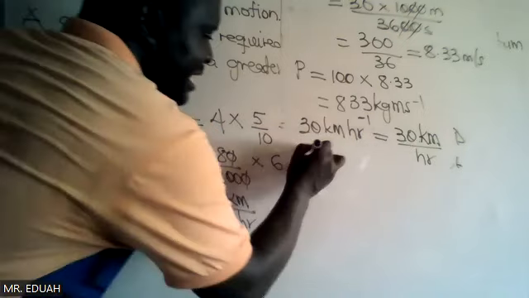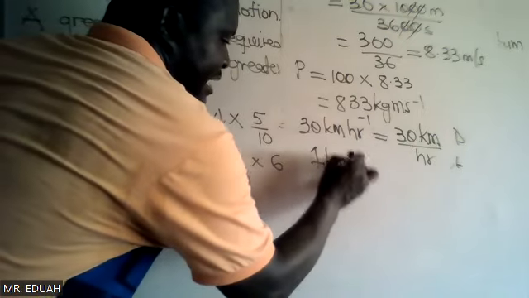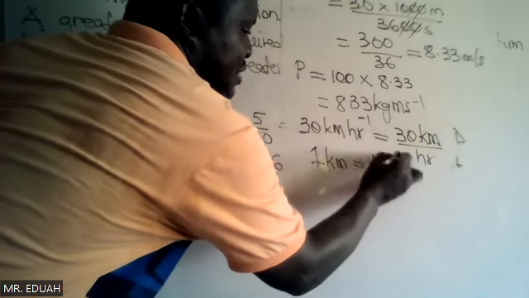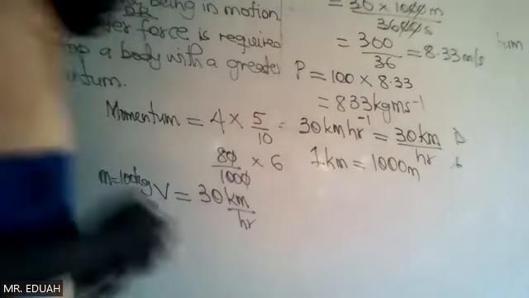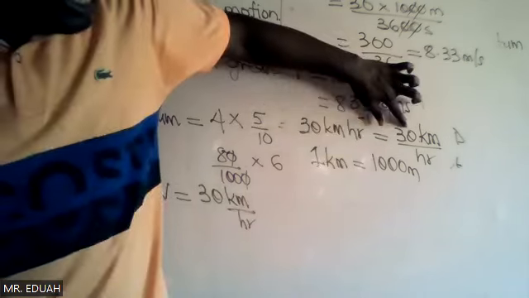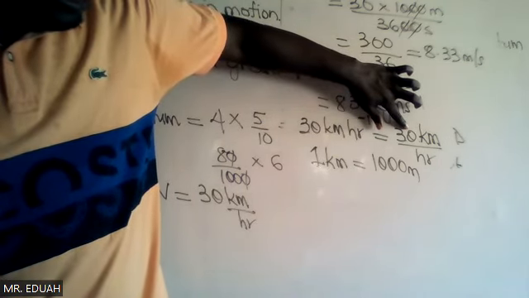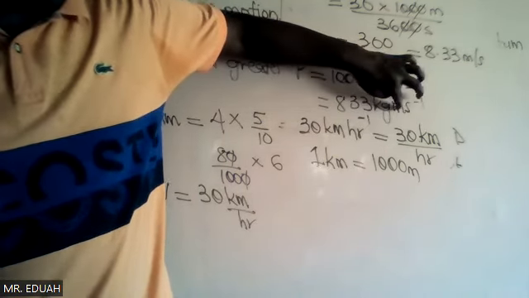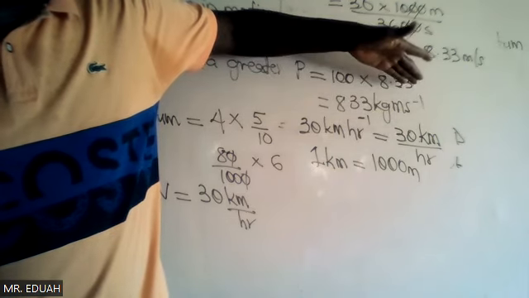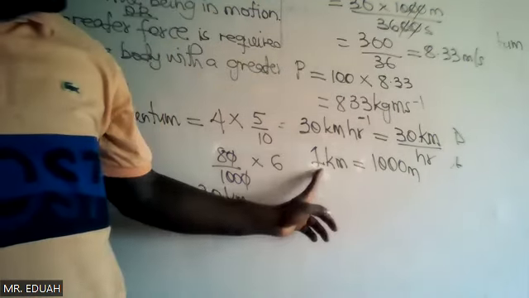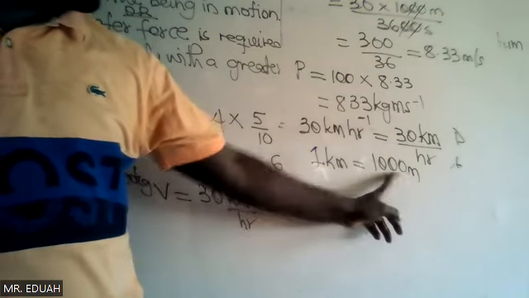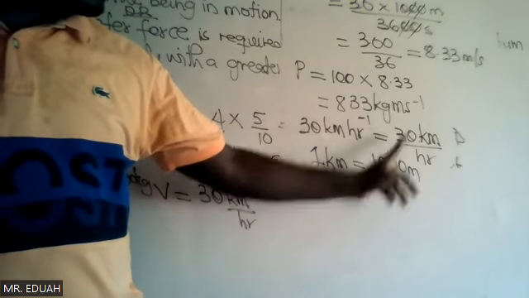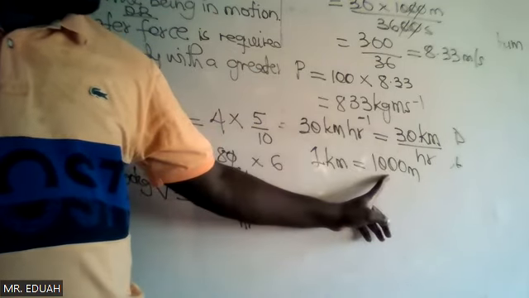If 1 kilometer is equal to 1,000 meters, and I have 30 kilometers, what will be the equivalence in meters? It will be 30 times 1,000.